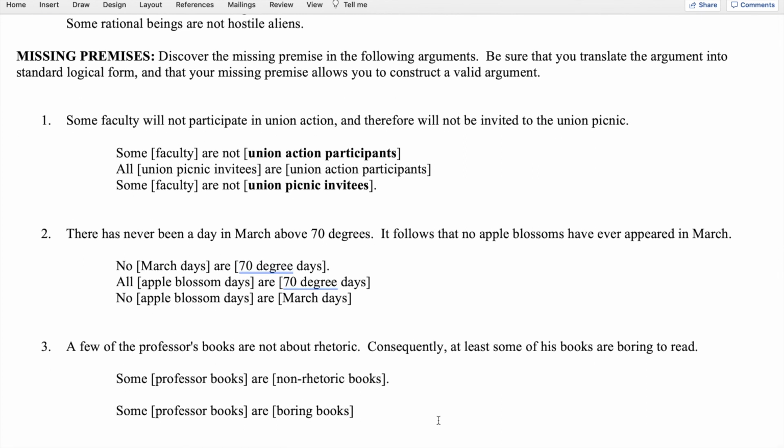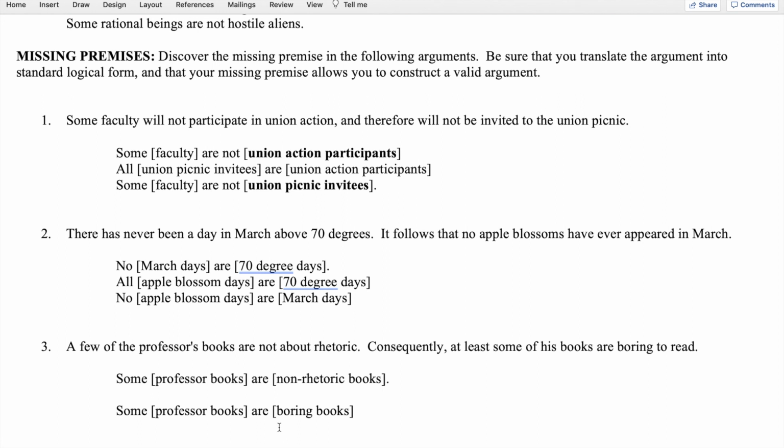We can proceed from here and we can look at the middle term, which is non-rhetoric books, and non-rhetoric books here is not distributed because it's predicate of an affirmative, which means when it reappears, it must be in a distributed position because middle terms have to be distributed once and only once.